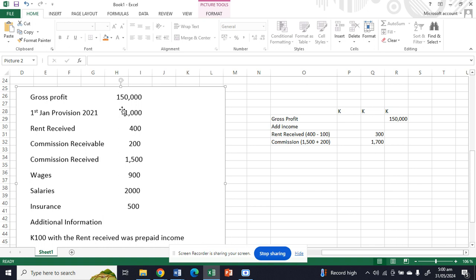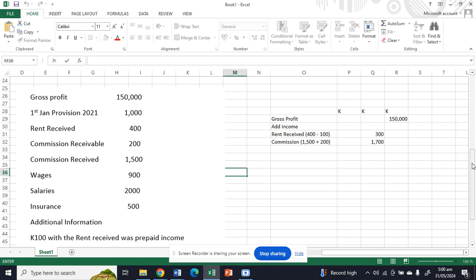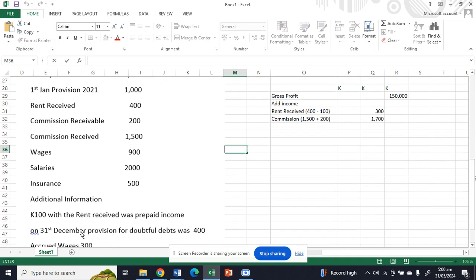We might not be paid 1,000. Then at the end of the year, this figure changes. On 31st December, this figure changes from 1,000 and becomes now 400 kwacha. So at the end of the year, we're saying we're expecting not to get 400 kwacha. So at first, we expected not to get 1,000. Now it has decreased and we expect not to get 400.